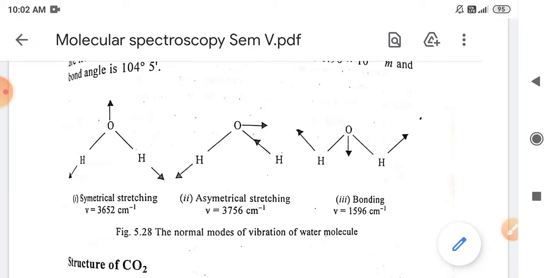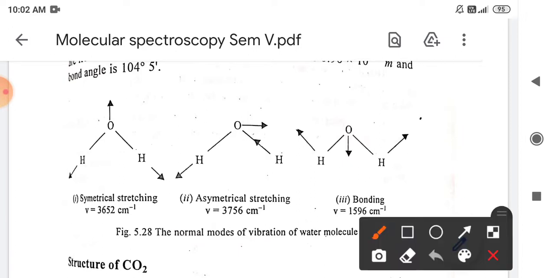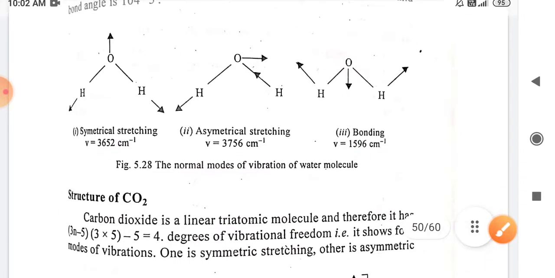Based upon the dipole moment values and modes of vibrations, we have predicted three modes: two stretching and one bending. Of the two stretching modes, the symmetrical one has a slightly lower frequency, the asymmetrical stretching has the highest frequency, and bending has the lowest frequency.